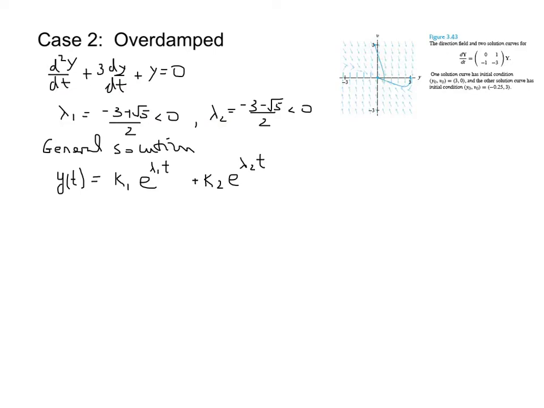Yes, I'm crossing the y-axis. Y starts negatively, position is negative, and then turns positive, but then will only approach 0. We will not go back to a negative value for y, so there is no oscillation.